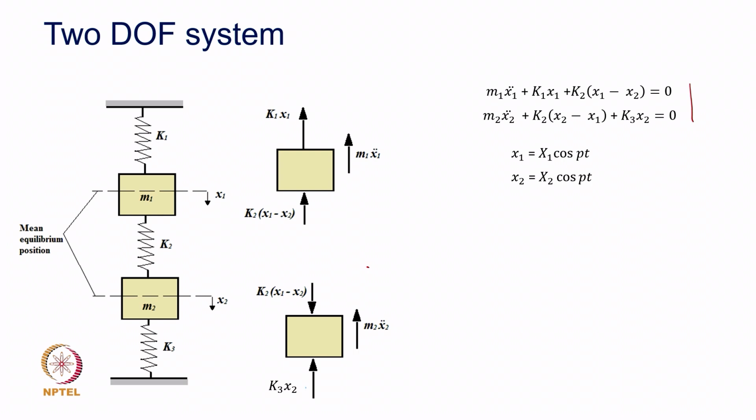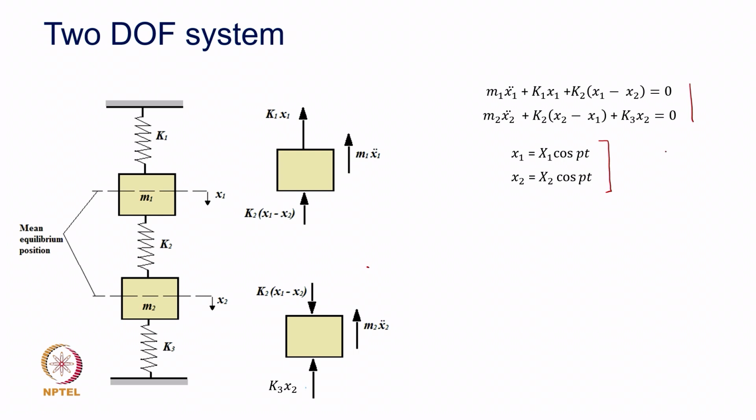So we assumed the general solution of the two coupled governing equations of motion to be given by capital X1 cos Pt and capital X2 cos Pt.